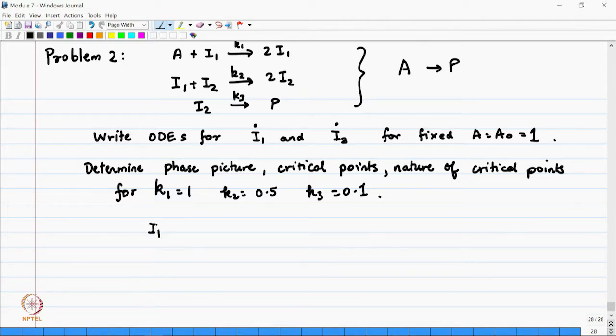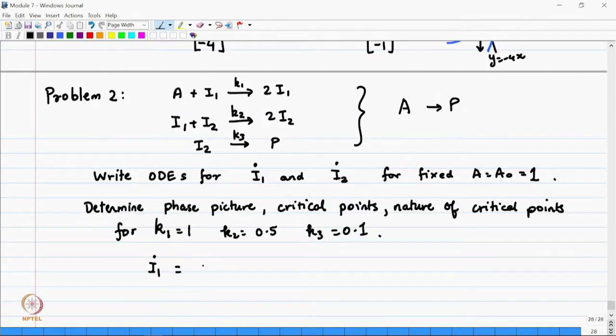So, if I write I1 dot, using your typical kinetics, you can write it as K1 times A, the concentration of A, times I1, and you have minus K2 times I1 I2, and similarly I2 dot is equal to K2 I1 I2 minus K3 I2.